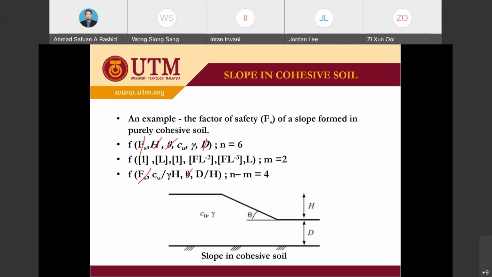So it is allowed to reuse any parameter, because we want to construct the last dimensionless equation. So Cu over gamma times H is the last dimensionless equation.